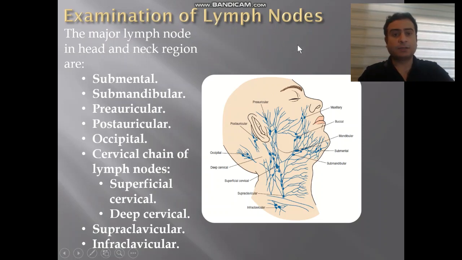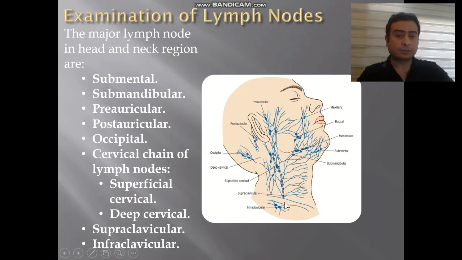For the examination of the lymph nodes, the anatomical distribution of the lymph nodes in the head and maxillofacial region include the submental lymph node, submandibular lymph nodes, periauricular, postauricular, occipital. We also have the cervical chain of the lymph nodes, which is divided by the sternocleidomastoid muscle into superficial and deep cervical lymph nodes.